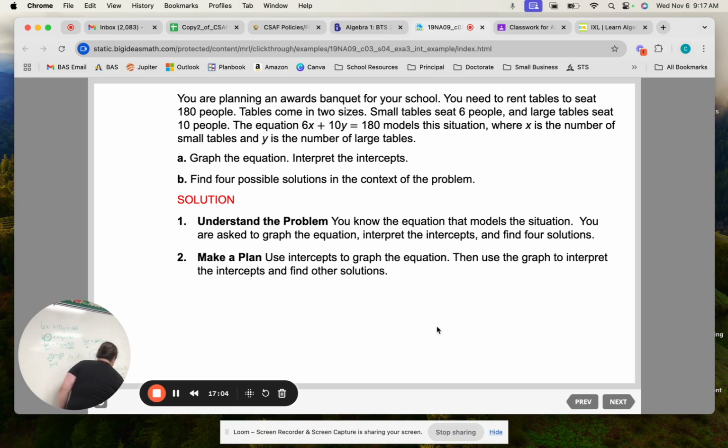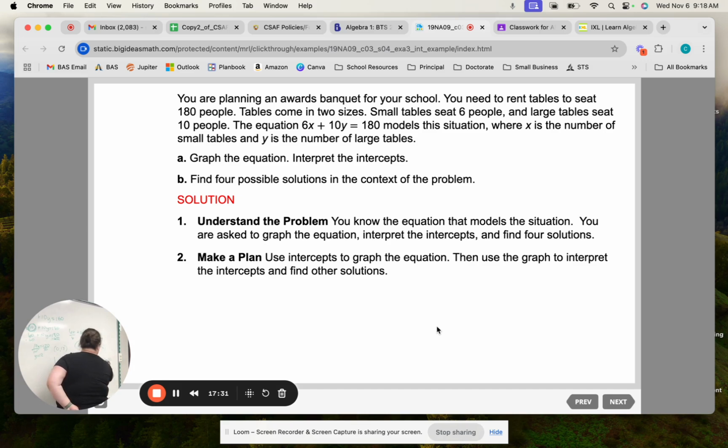So divide by 6. What does x equal? 130 divided by 6. Does it come out to an even number? No, so we can't have a part of a table. So this would not be a solution. So let's try another one.